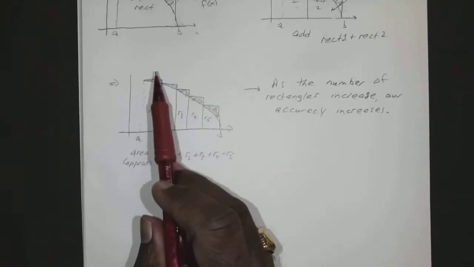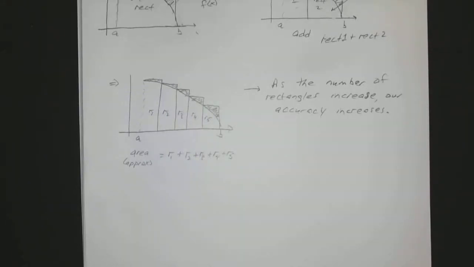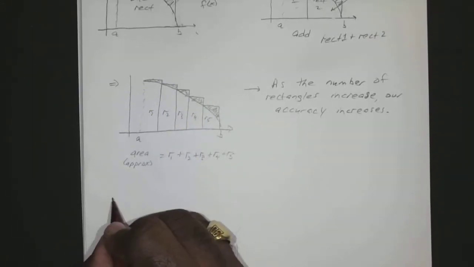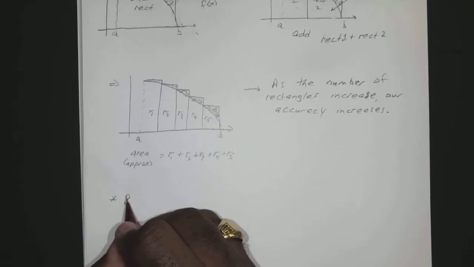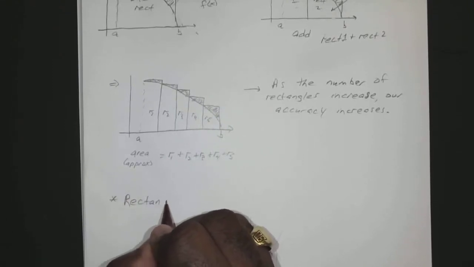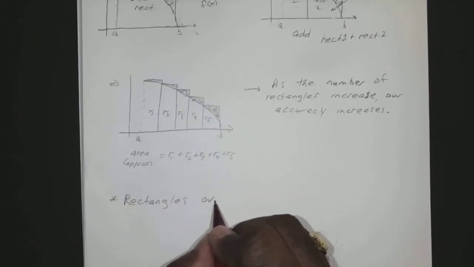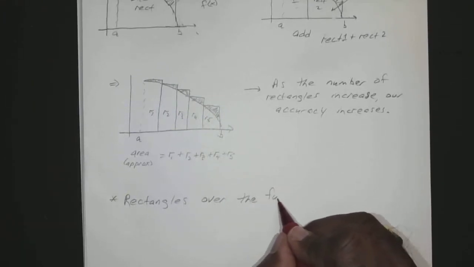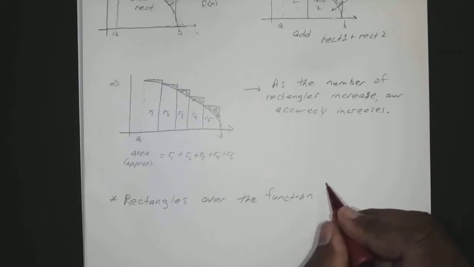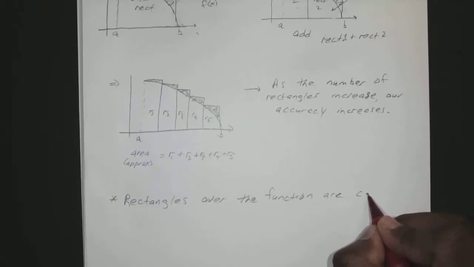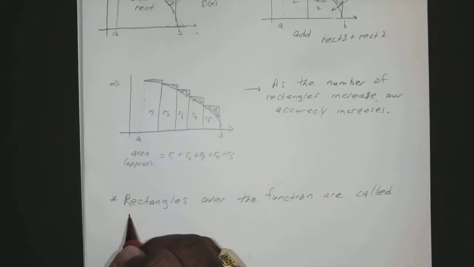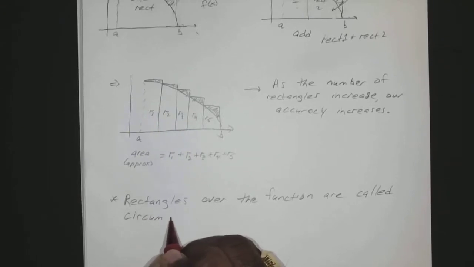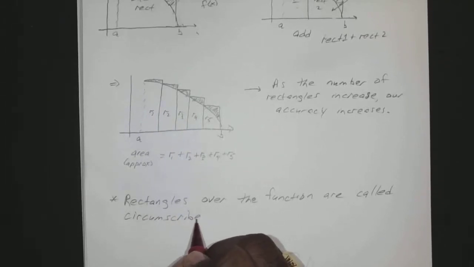Okay. Now the rectangles that go outside of the function are called circumscribed rectangles. Rectangles over the function, we'll clean that up, are called circumscribed rectangles.